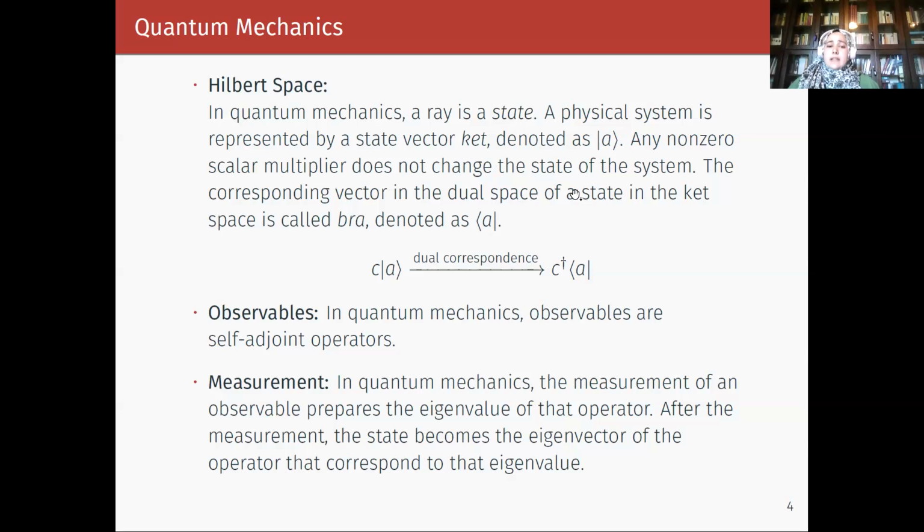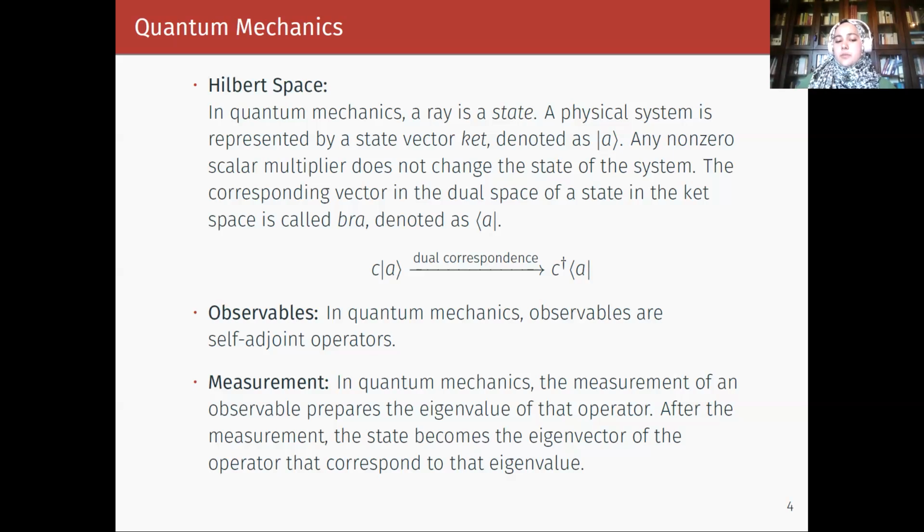And I said that each vector in ket space has a corresponding vector in its dual space, and I will call them bra, and I will note them like this. So if I want to take the dual correspondence of a vector with a multiplier, I also need to take the Hermitian conjugate of that multiplier, like the equation here. The other terms that I need to explain are observables and measurements.